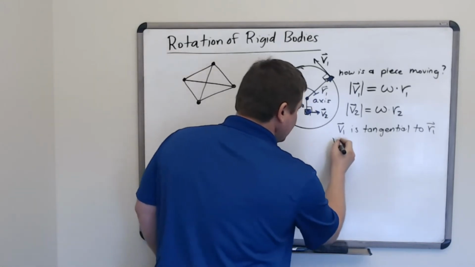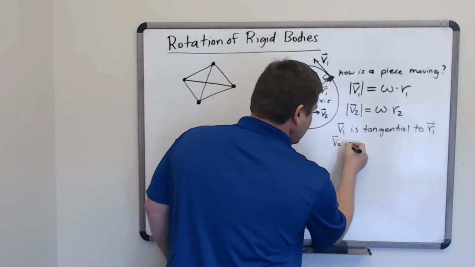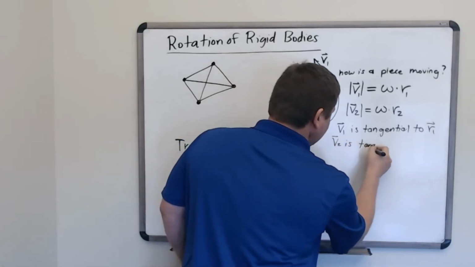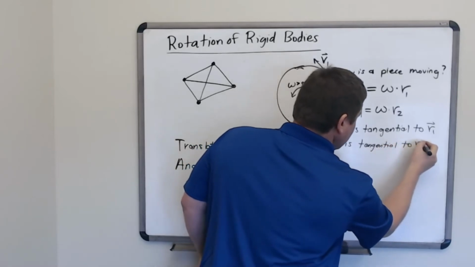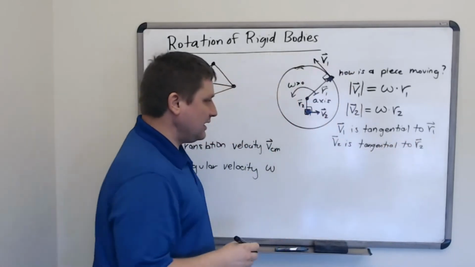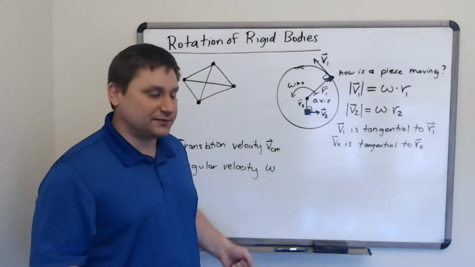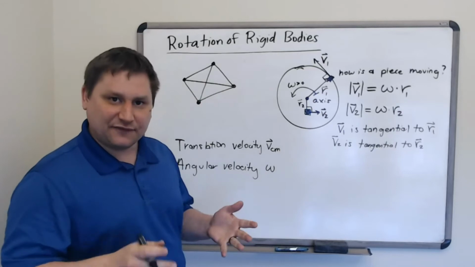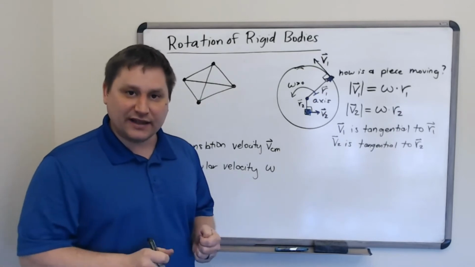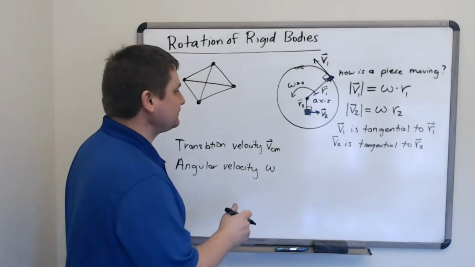So v2 is tangential to a circle that goes through R2. So these different pieces are all moving at different speeds, and they're all moving in different directions.